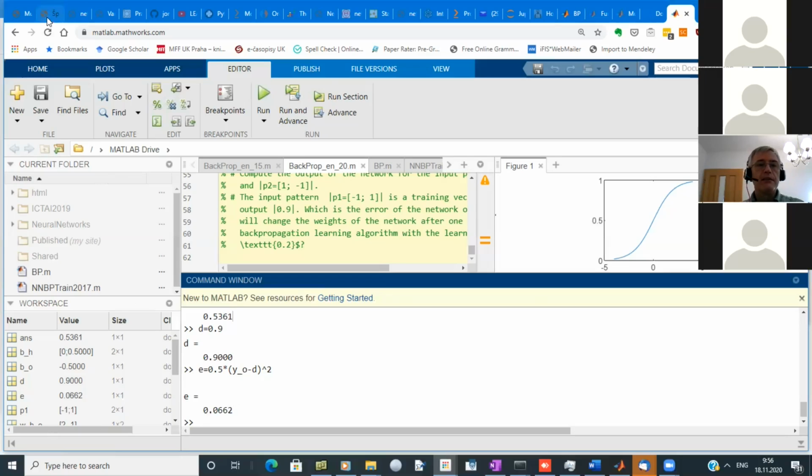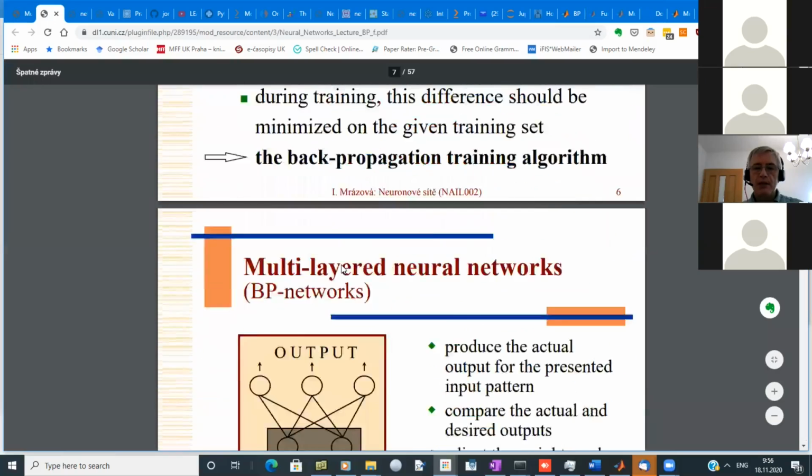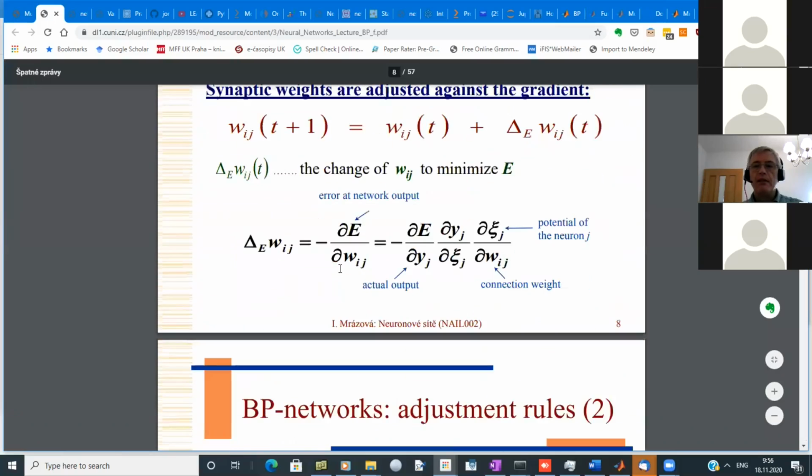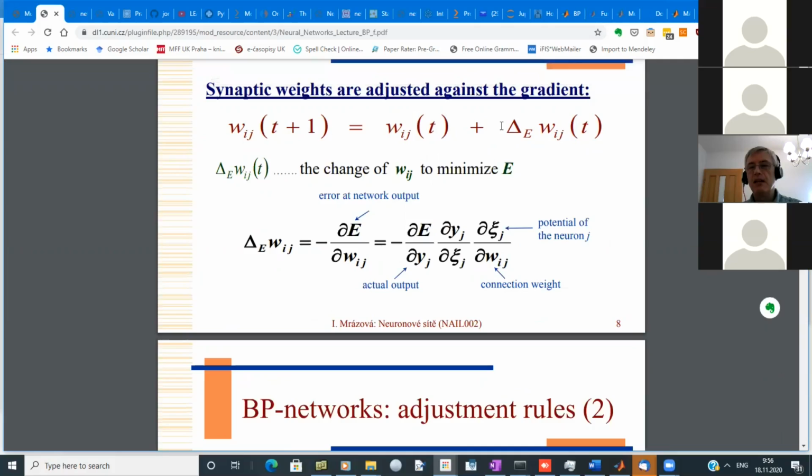For the backpropagation algorithm, this is the general formula. The weight at time step t plus 1 is the weight at time step t plus some value, which is minus the partial derivative of the error function with respect to the given weight.